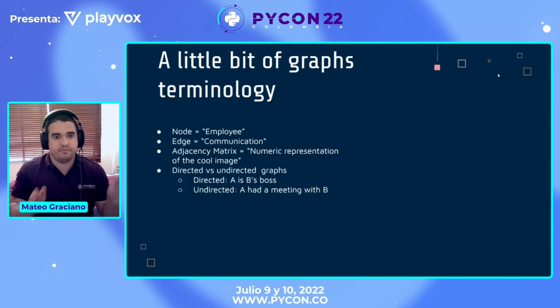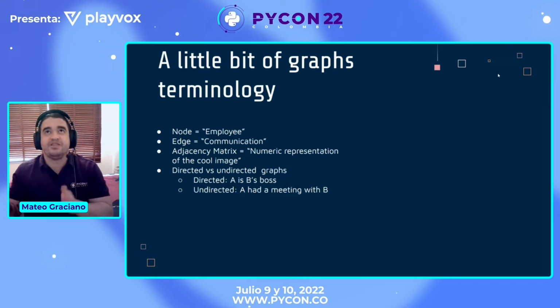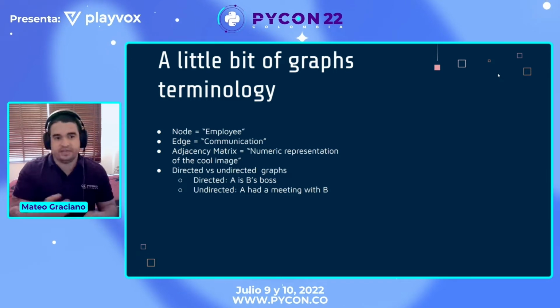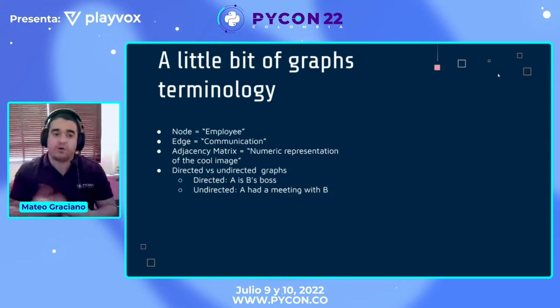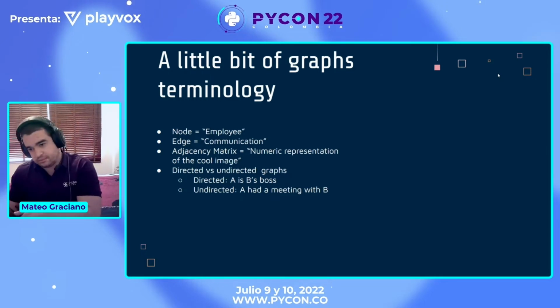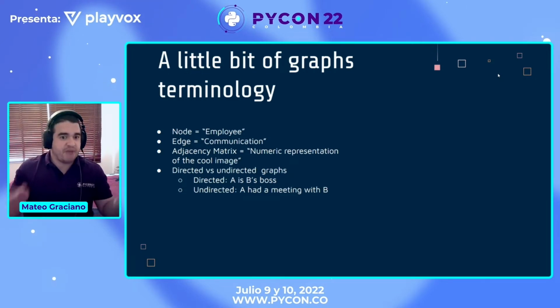If Jose is Mateo's boss, that doesn't mean that Mateo is Jose's boss. That's why it is directed. Or we can have the case of undirected graphs. For example, Mateo has a meeting with Jose. It is the same as Jose having a meeting with Mateo. So that's pretty important to understand.